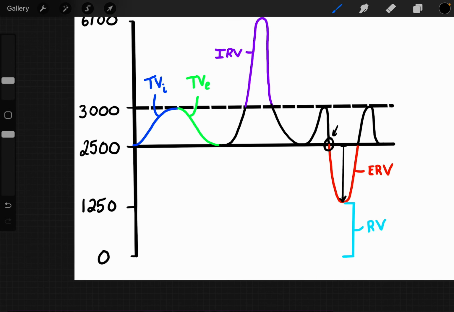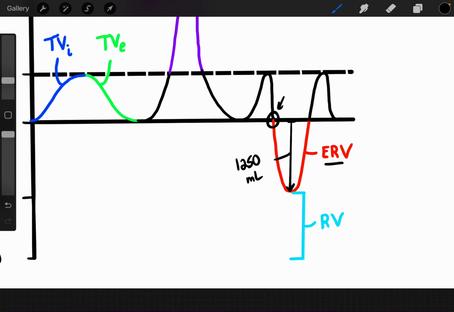I'm going to keep it consistent across the board. It's about 1,250 milliliters. So that's approximately on average how much air you'd be able to breathe out, and that is what we're going to call expiratory reserve volume. How much air can you breathe out after a normal expiration?